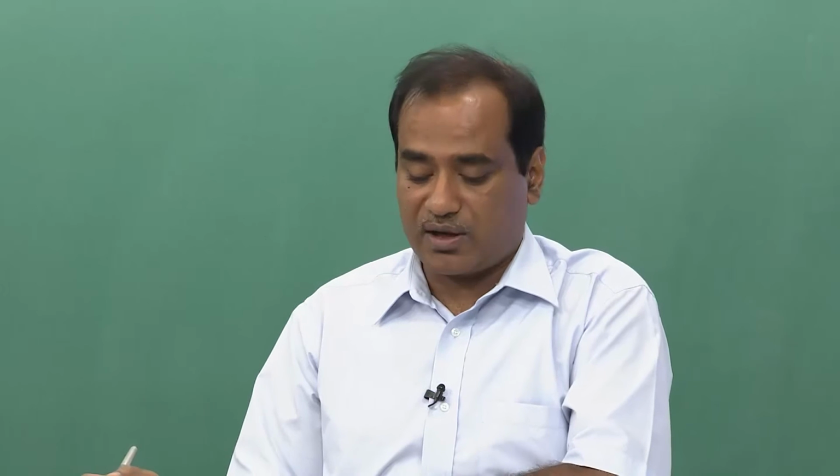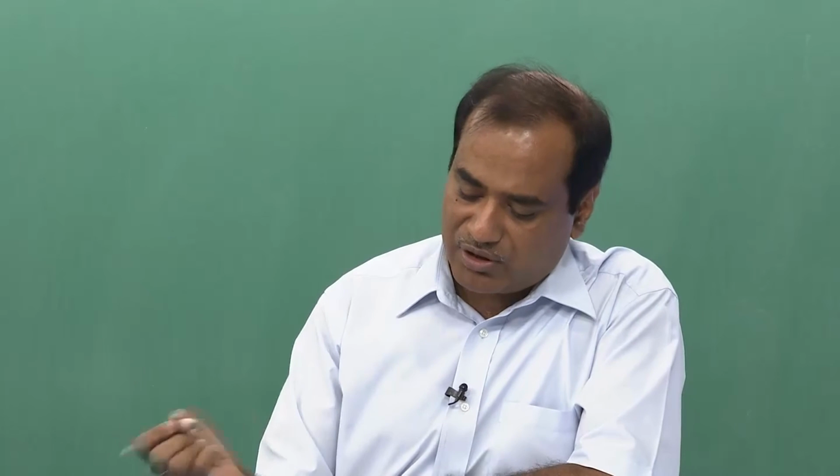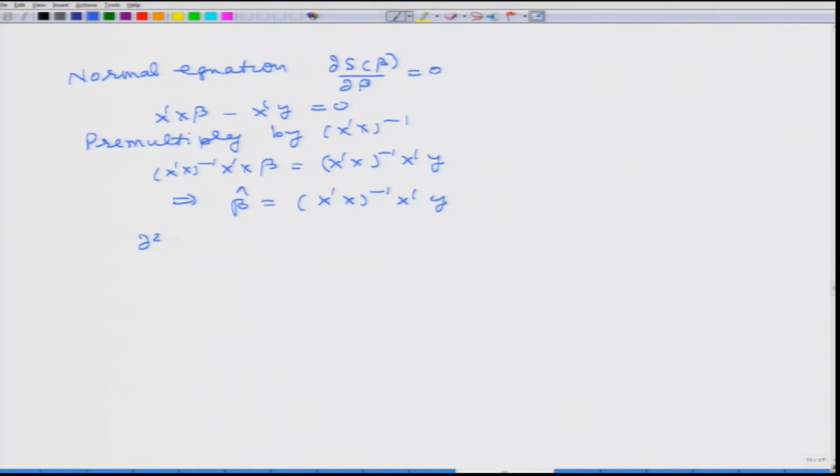Now, we also have to ensure that this value of beta hat really minimizes the sum of squares due to random error, which is S beta. So, in order to do so, we find the second order partial derivative with respect to beta, and this comes out to be twice X transpose X, right. So, this matrix is at least non-negative definite, right.